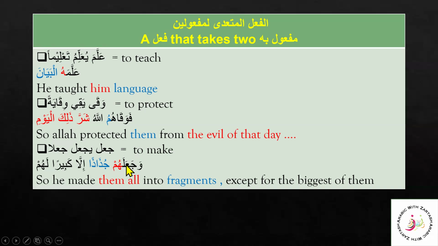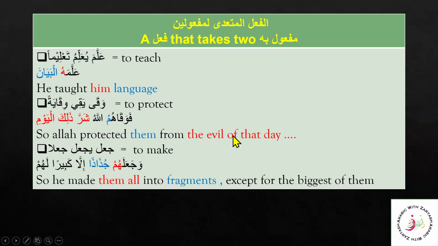So he made them all into fragments, except for the biggest of them. Remember the story of Ibrahim alayhi salam, when he broke all the idols of the mushrikeen and left the biggest of them. وَجَعَلَهُمْ جُذَاذًا إِلَّا كَبِيرًا لَهُمْ. So he made them all into fragments except for the biggest of them.